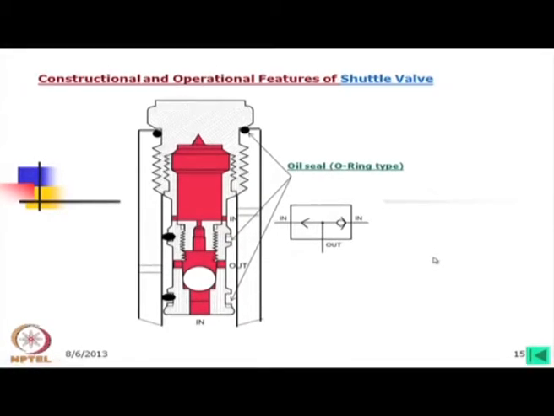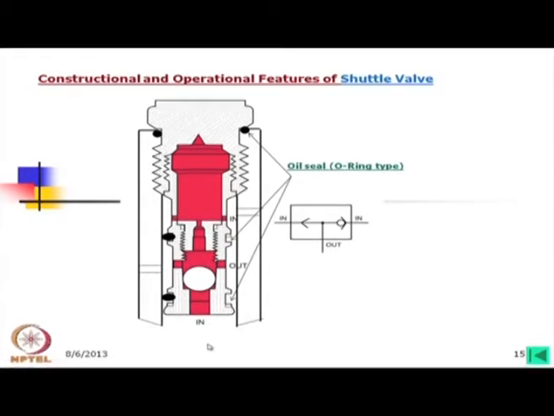Now, here we are discussing some other valve also. This is the constructional and operational feature of the shuttle valve. If you remember, this is the shuttle valve. What is a shuttle valve? In that case, there are two inlets, one inlet here and another inlet here. Whatever the inlet may be, the outlet is always through this.